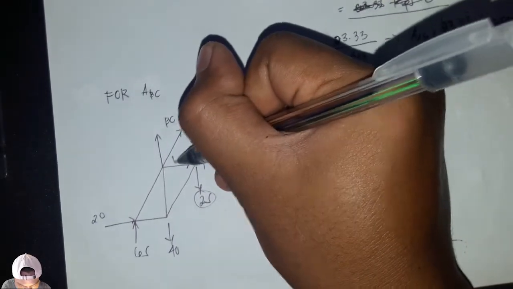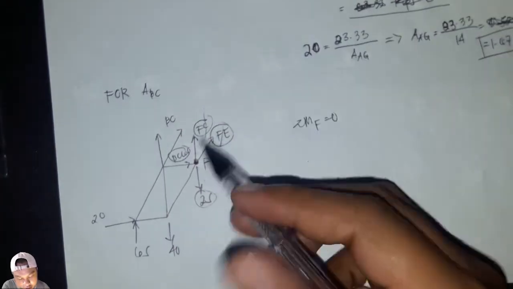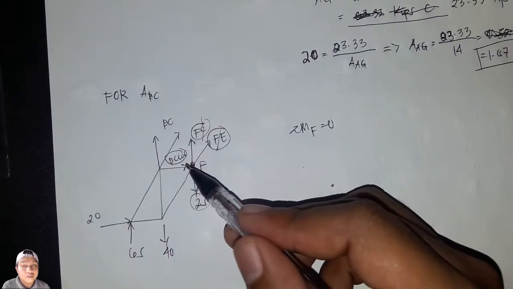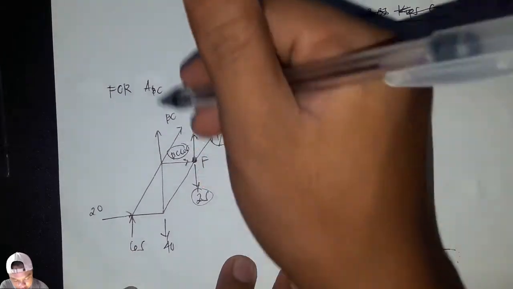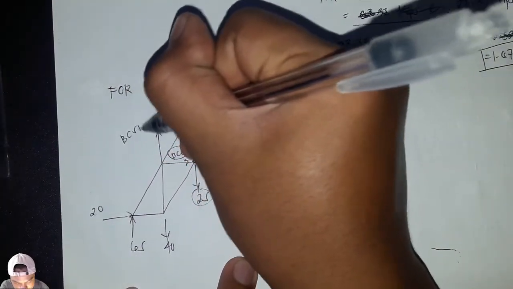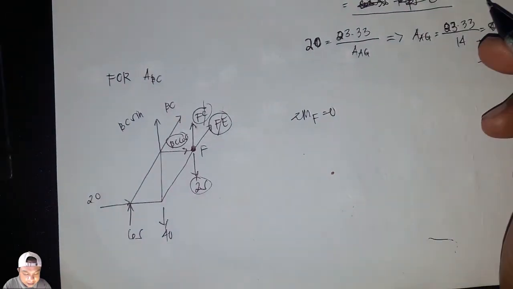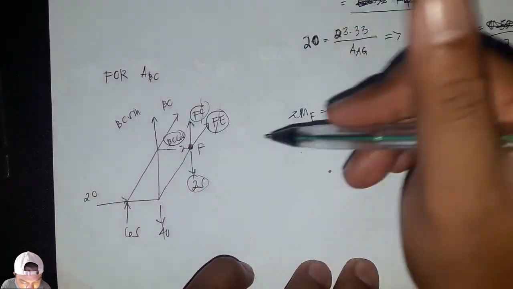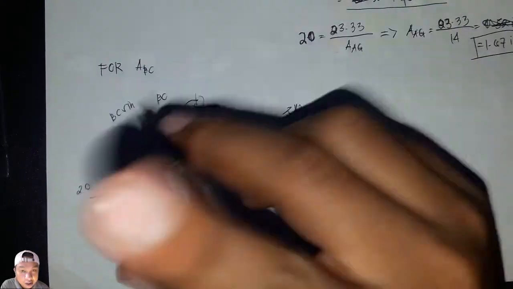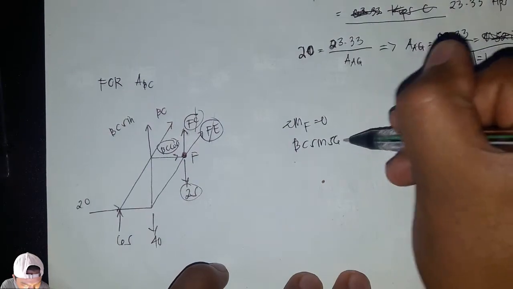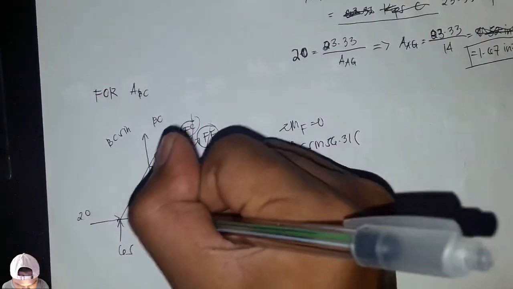So yung BC cosine is 0 din kasi ito siya, as you know, going siya directly dun sa moment center. So yung BC sine na lang, or yung y component ng BC natin. So summation moment at F is BC sine of yung angle natin is 56.31 times yung distance of 4 feet.